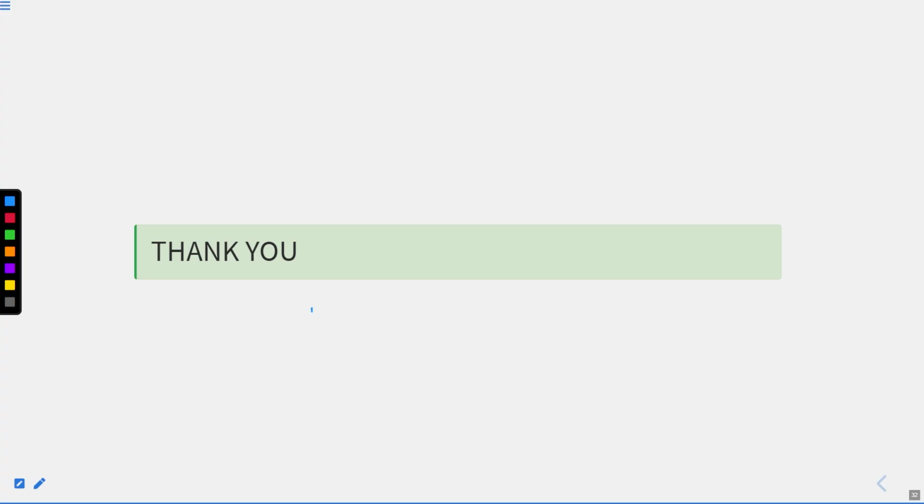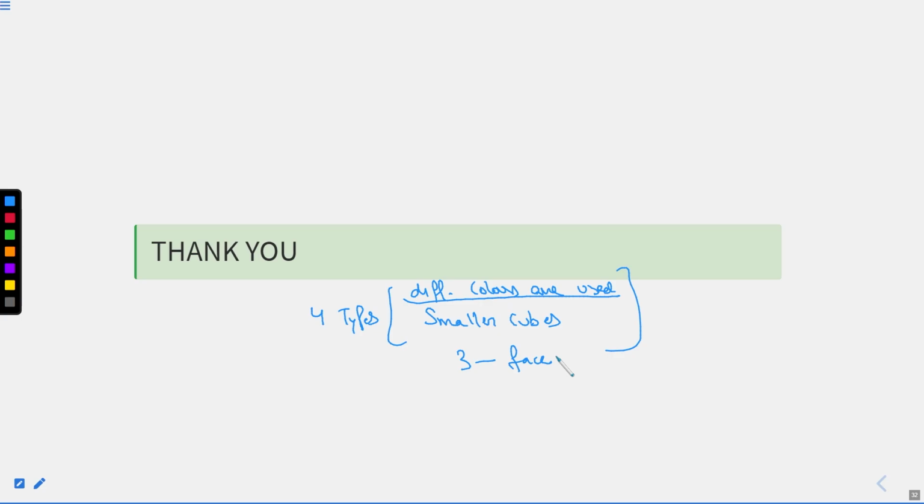Okay. A total of 4 types are discussed in which different colors are used to paint different surfaces or different walls. For every question or every type, what we are calculating is smaller cubes with 3 faces painted, right?